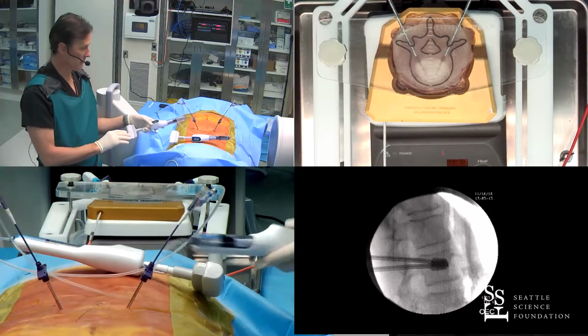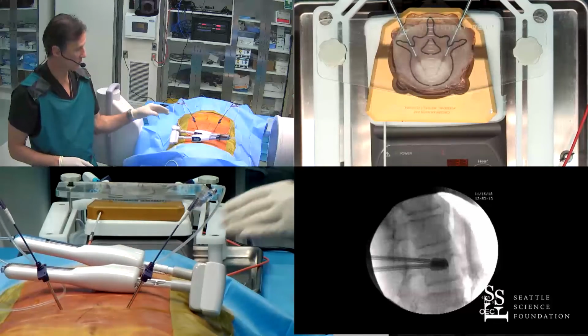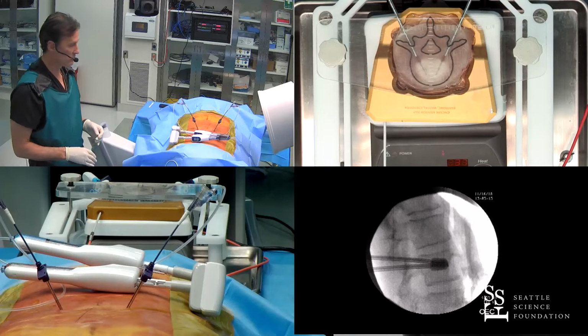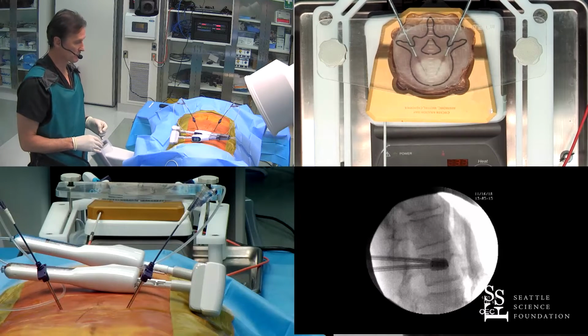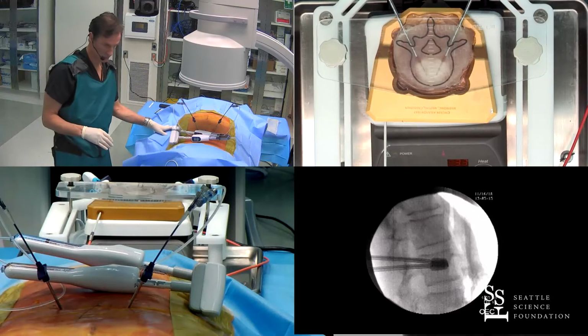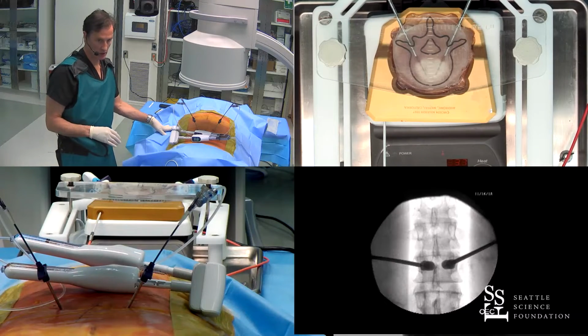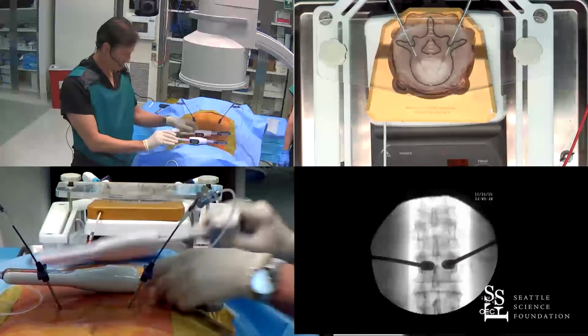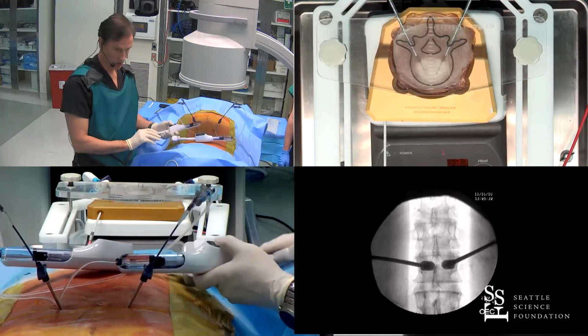So we'll take an AP view with the balloons in place. That's a good lateral view, and we'll make sure we're in the right spot on the AP view. Very nice, right? We could probably even bring the opposite balloon up a little bit.